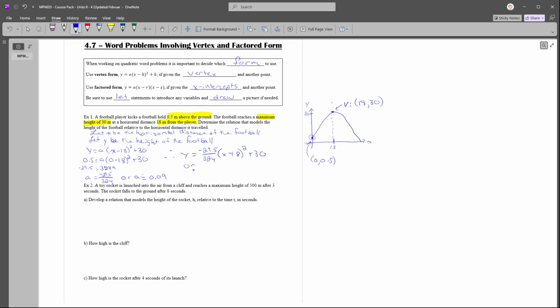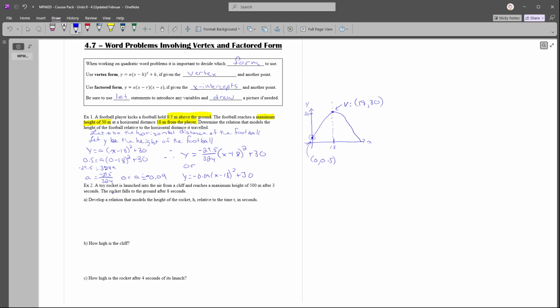Or we could do it with the decimal, which would be y is equal to, that should be negative 0.09 times x minus 18 all squared plus 30. Okay, so that's what the question is asking for. Now, once we have that information, we could start doing other types of questions as well, such as what was the total travel distance of the ball and things like that.